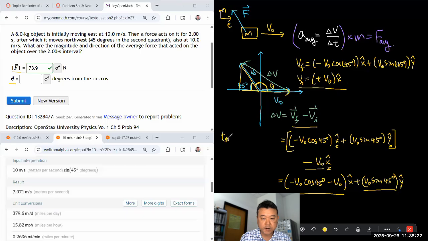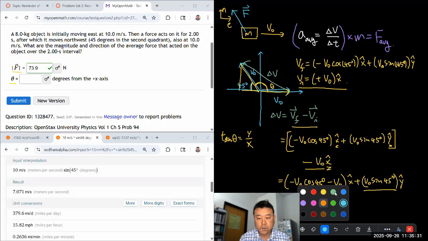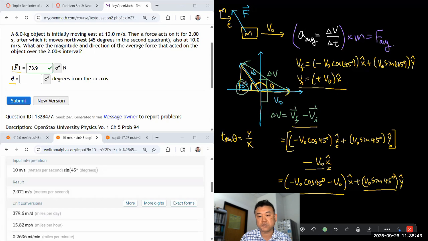Tangent theta is y over x. And when you're doing that, you have to be mindful that your answers will only be in this range. So I'm just going to get the absolute value, the acute angle version of that. This is the theta that they are looking for, not that other thing.